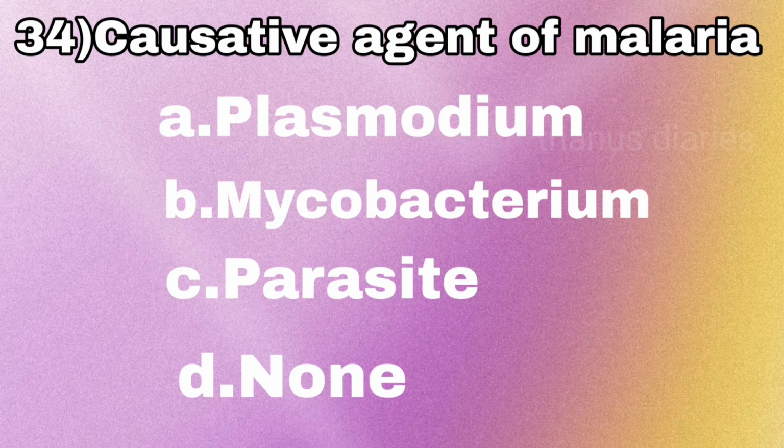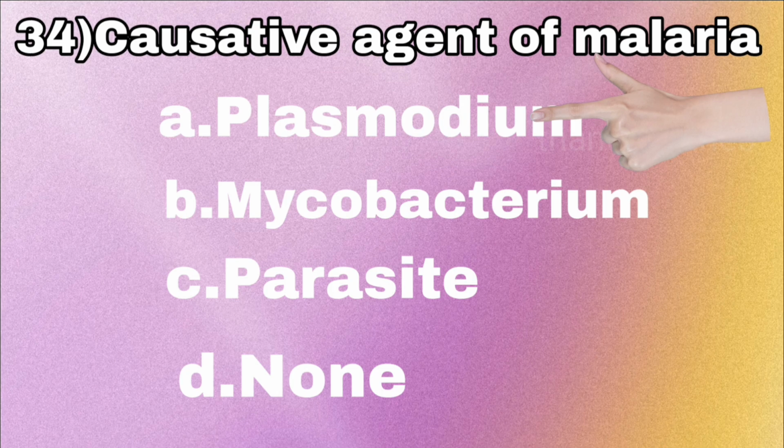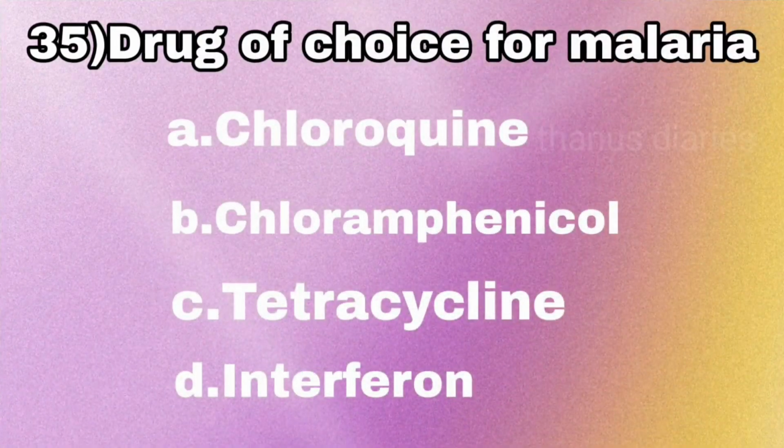Next question. Causative agent of malaria is Plasmodium, Mycobacterium, parasite, and none of the above. And the answer is Plasmodium. Next question. Drug of choice for malaria: chloroquine, chloramphenicol, tetracycline, interferon.